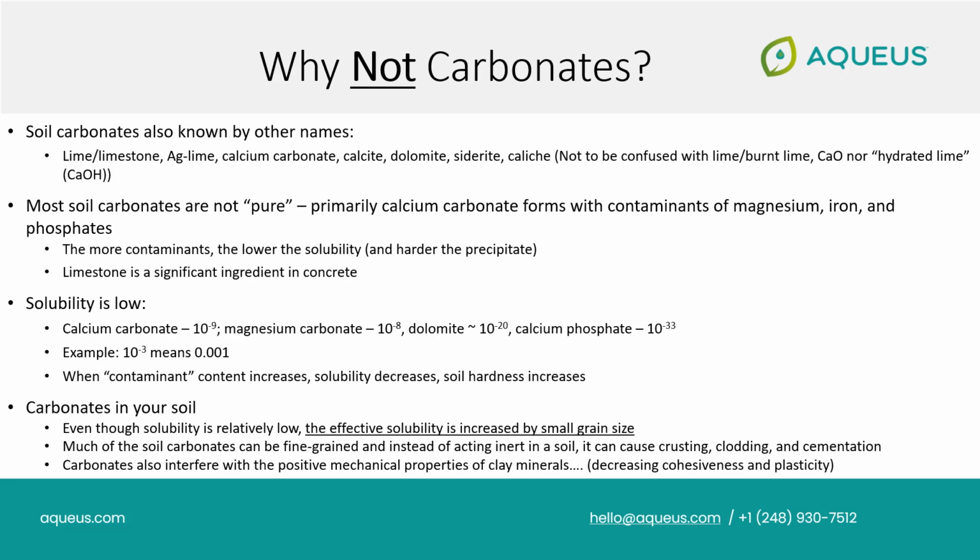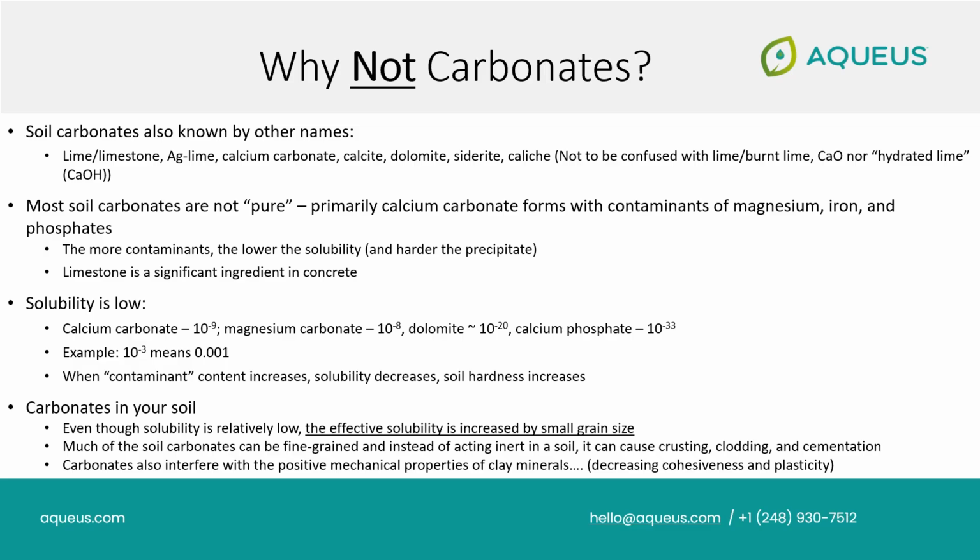Most soil carbonates are not pure. They have contaminants of magnesium, especially dolomite, iron as in siderite, and phosphate. There's often not a lot of phosphate in terms of the total mineral, but quite a bit can be sorbed on the surface or be part of the structure.